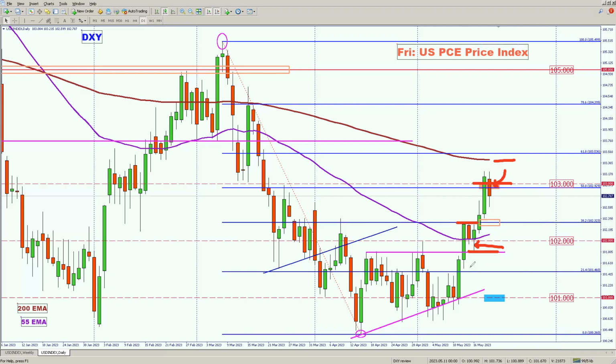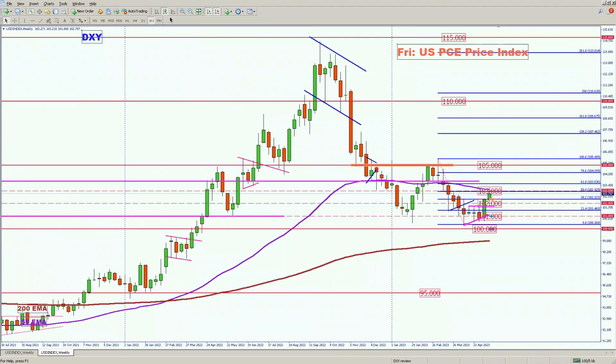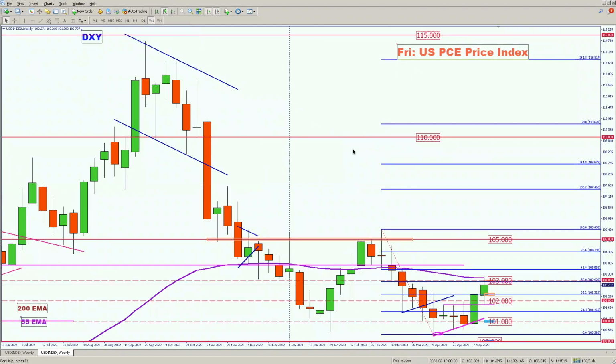So at least there's some follow through in the breakout, and we'll see whether there's enough momentum to carry it further up to the 62 fib, just like the euro. And taking a look on the weekly time frame, it's blocked by the weekly 55 EMA, and still a bullish spinning top, so there could be a continuation move further.